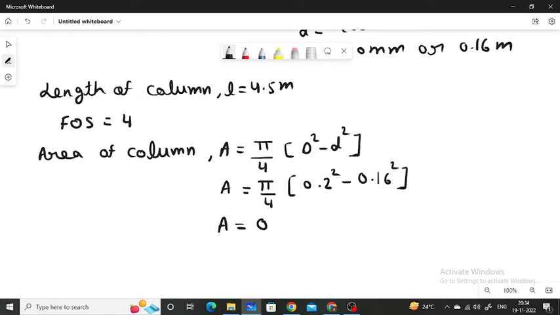Area will be equal to 0.0113 meter square.